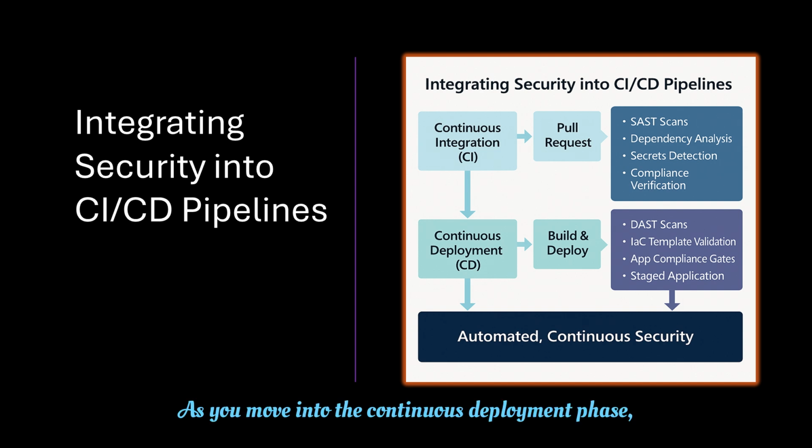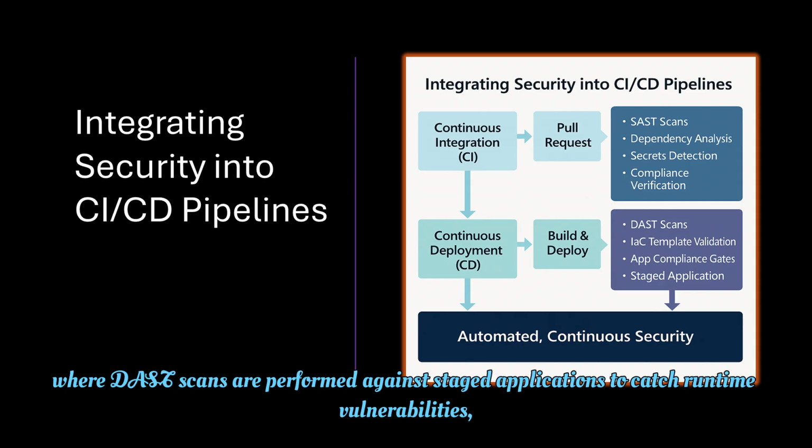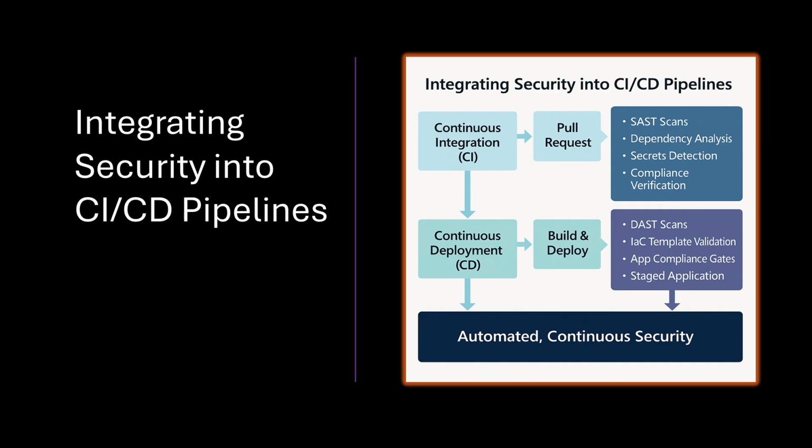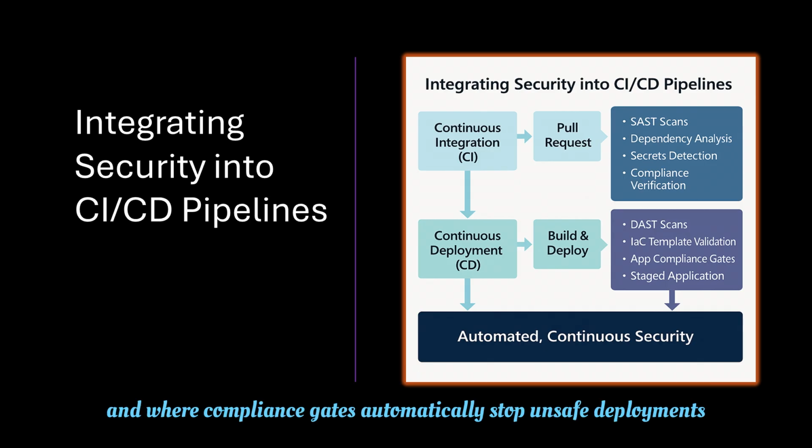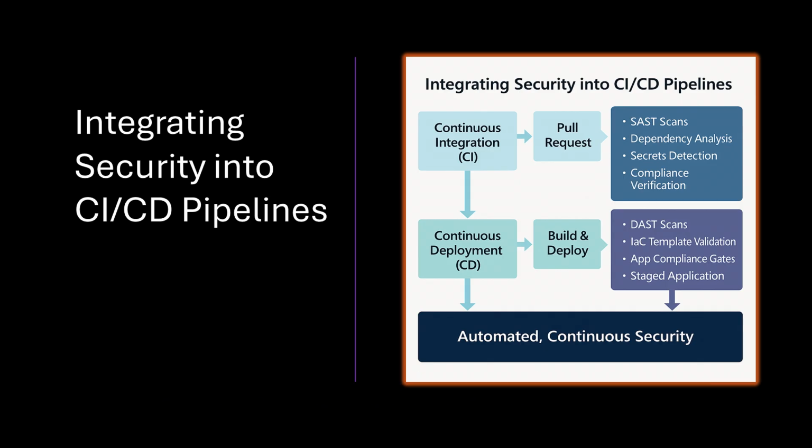As you move into the continuous deployment phase, your job is to automate security at the infrastructure and application levels. You must set up pipelines where DAST scans are performed against staged applications to catch runtime vulnerabilities, where infrastructure as code templates are validated to ensure secure configurations, and where compliance gates automatically stop unsafe deployments before they ever reach production.